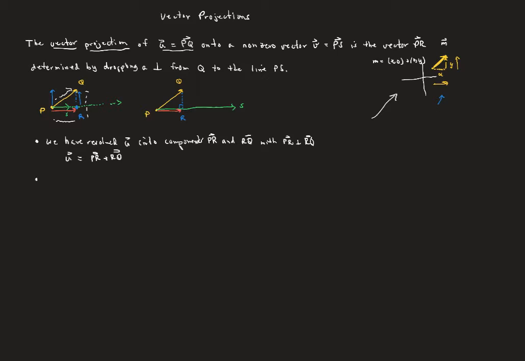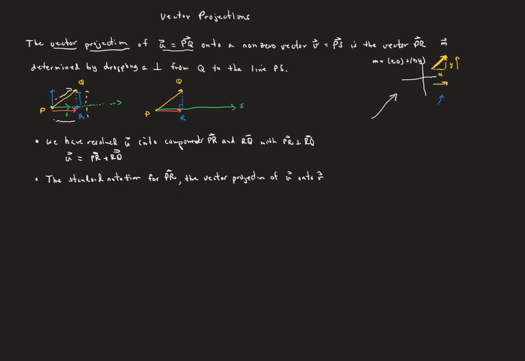Now, some more information: the standard notation for vector PR. This is going to be a little bit strange at first; we're going to have to get used to it. The standard notation for vector PR, which we are calling the vector projection of u onto v.